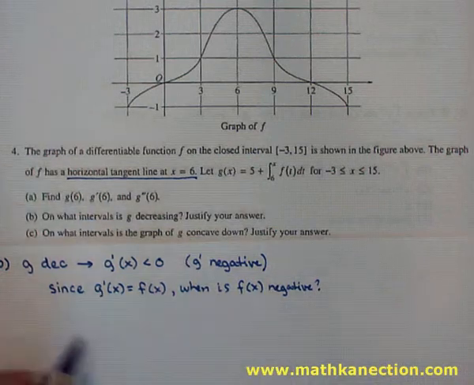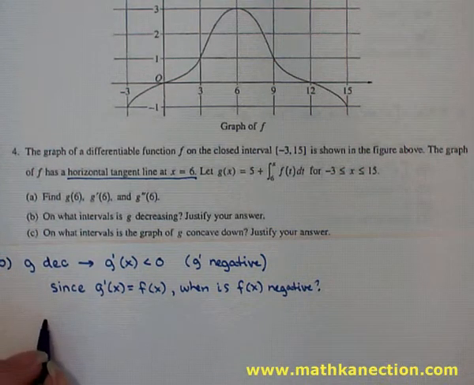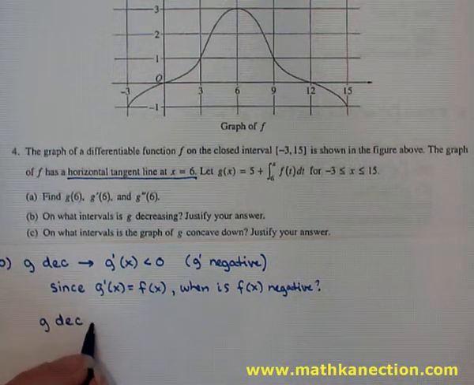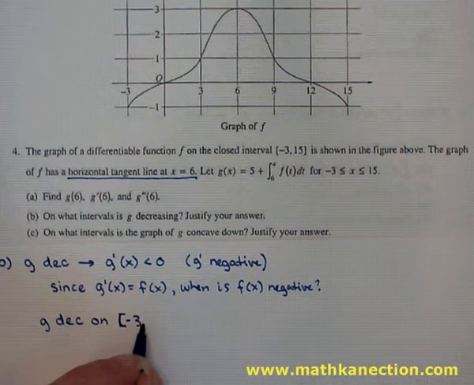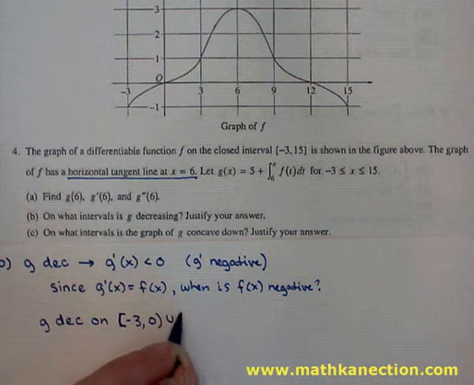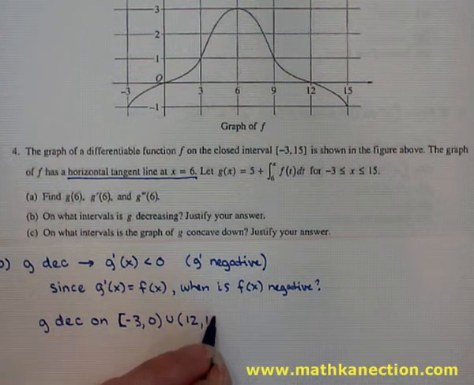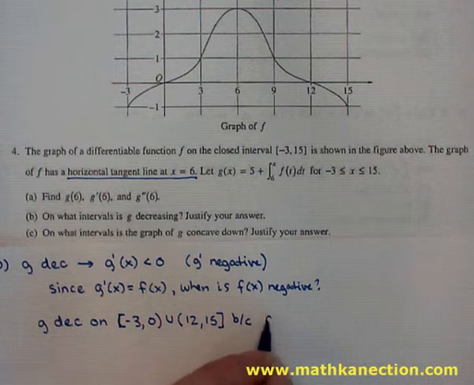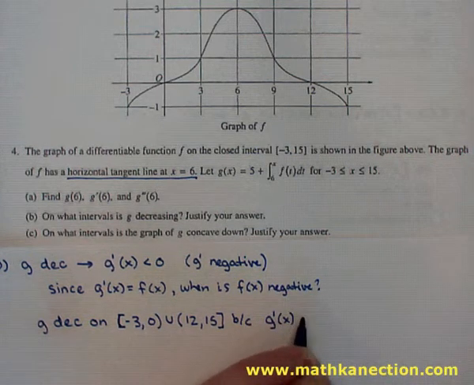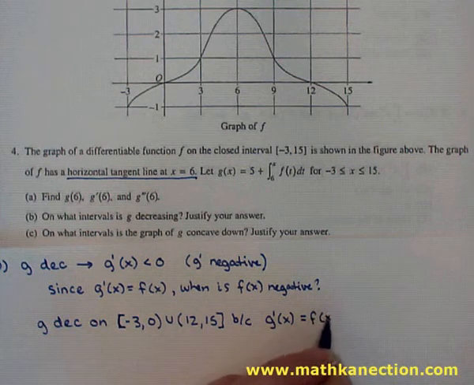So looking at the graph to find out when f of x is negative, g will be decreasing on the interval from -3, including -3, to 0, not including 0, union from 12 till 15, not including 12, but including 15. The reason why is because g prime of x, which is equal to f of x, is less than 0 on those intervals.